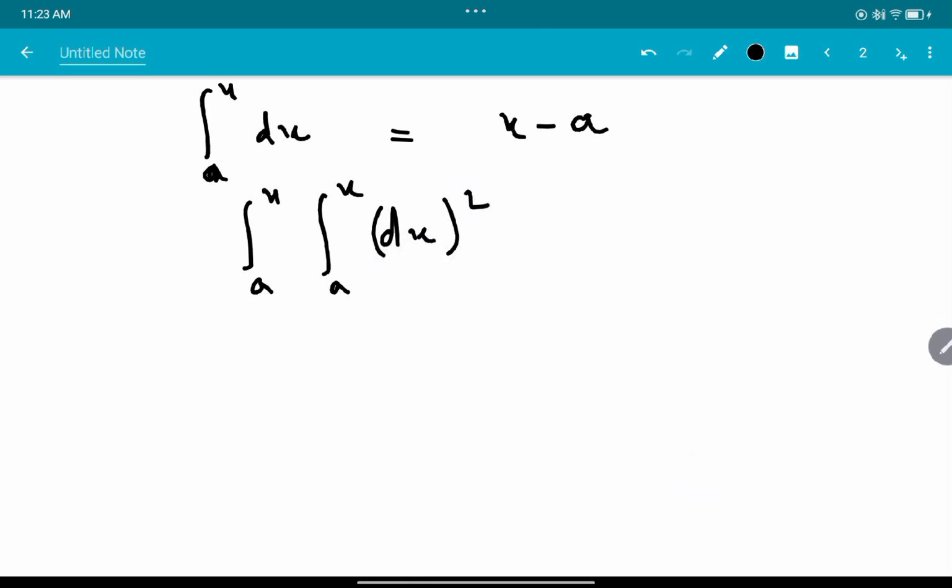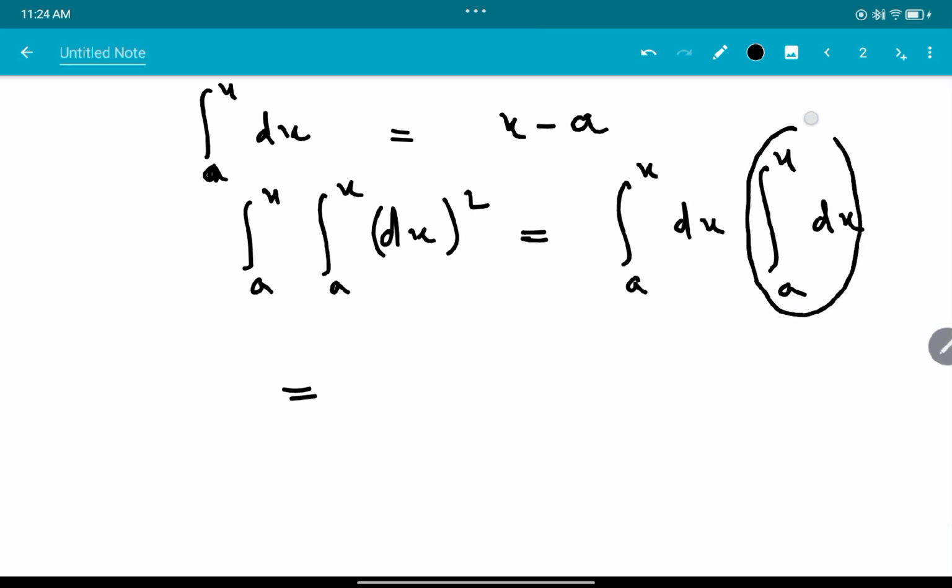So if, instead of this, we have two such integrals, a double integral dx squared, what will we do? We take the integral from a to x, and then the integral from a to x of dx again. We have already evaluated the inner one: it is x - a.